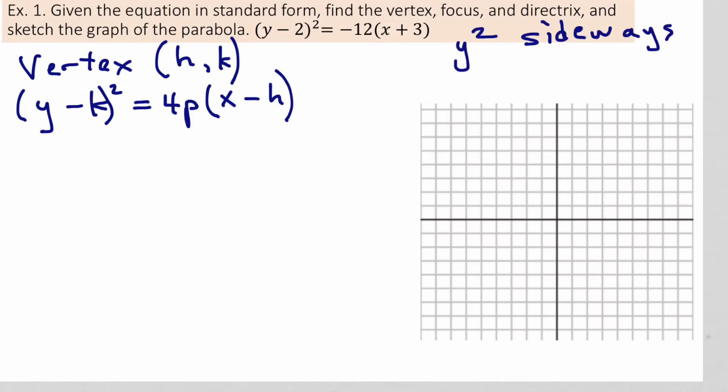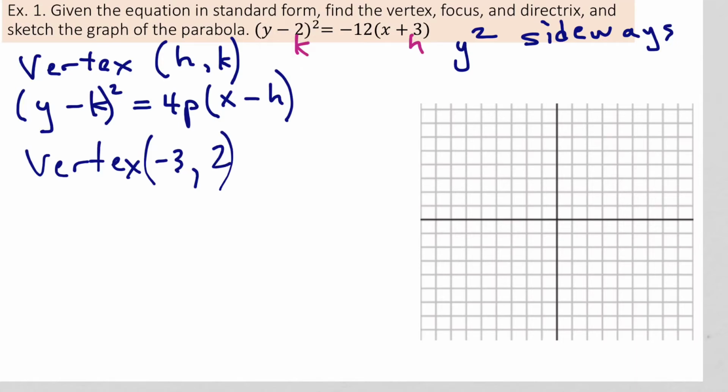So a sideways parabola. Now we can get the H and the K from the equation we're given. H goes with the X and K goes with the Y. So my vertex would be the opposite signs. If I have a plus here, I'm going to say minus 3. And if I have a negative here, I'm going to say positive 2.